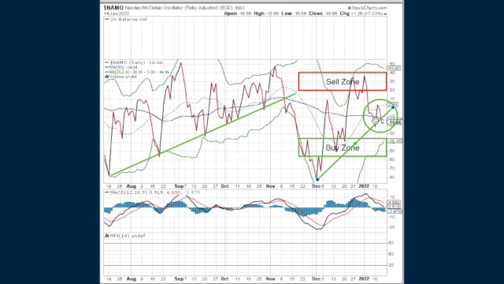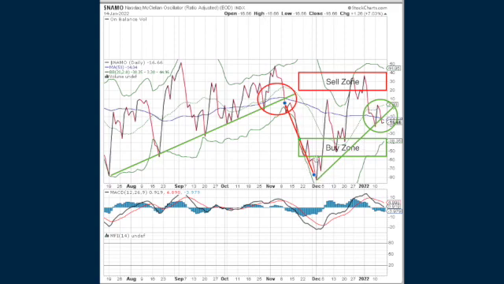So the market becomes less and less oversold until finally some kind of catalyst comes into the market and causes it to sell off and break down below that trend line, and then the market effectively resets itself before recovering again.